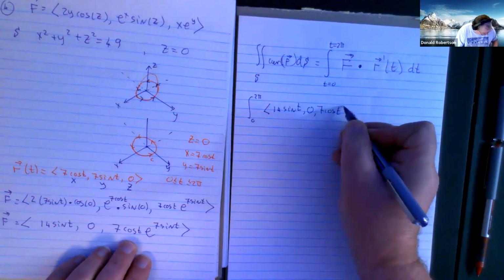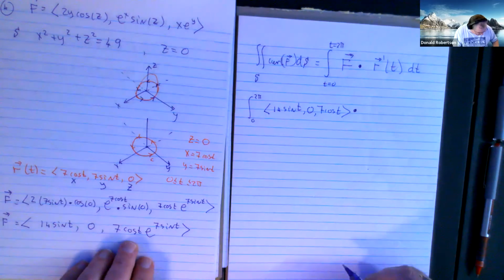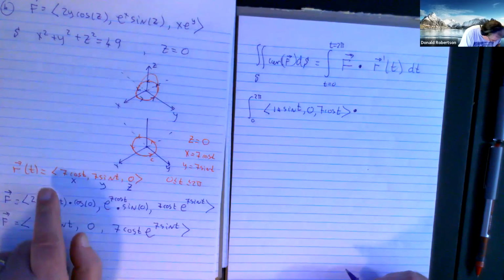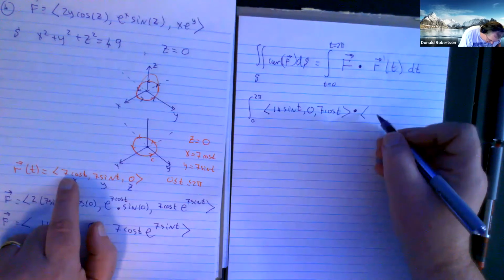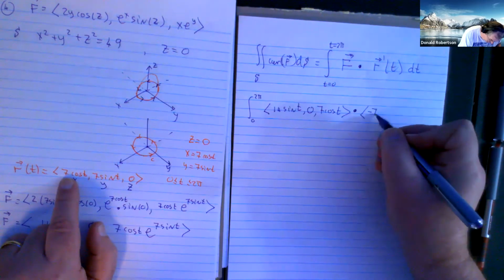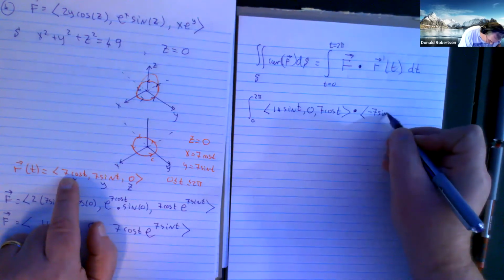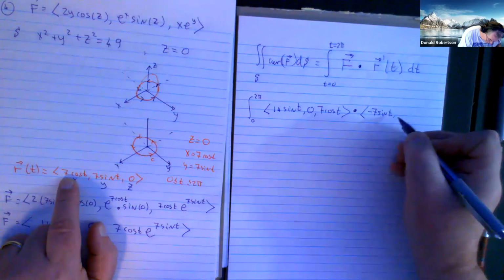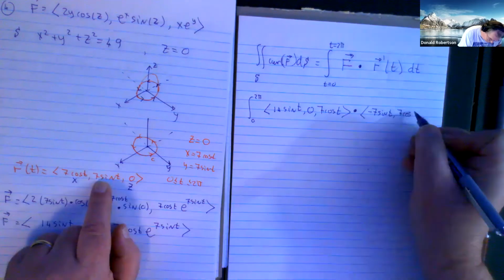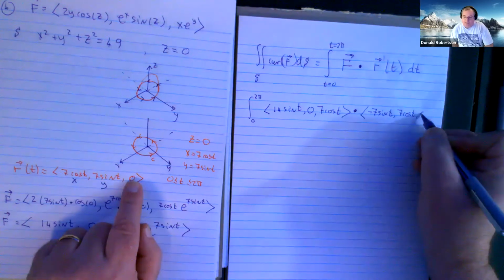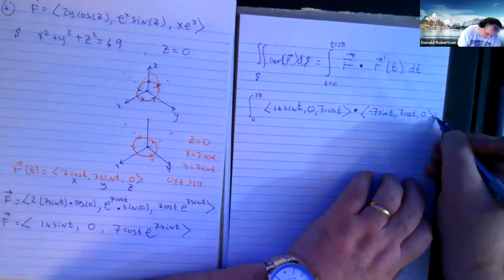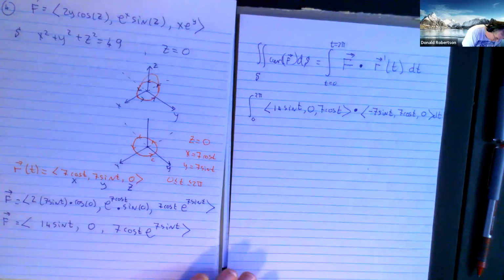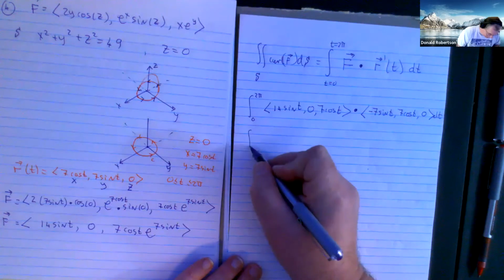Dot product, get it right this time, the derivative of this guy. Differentiate that, you get negative 7 sine t. Differentiating that, you get positive 7 cosine t, and differentiating 0 gets me 0, dt. So it's going to be the integral from 0 to 2 pi.